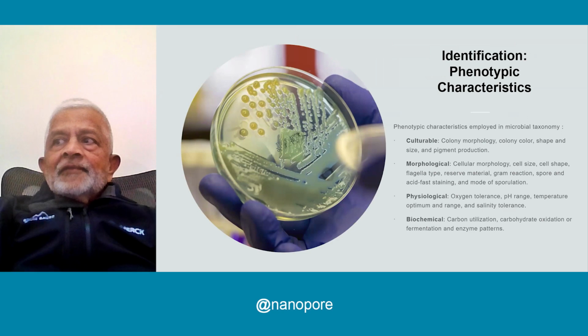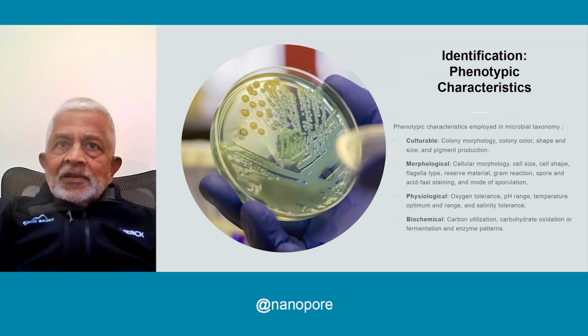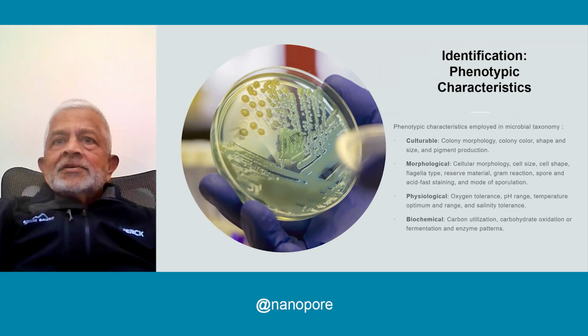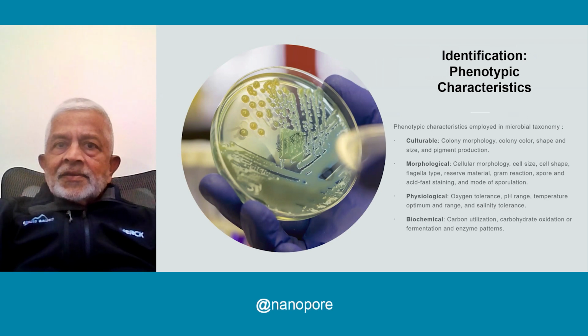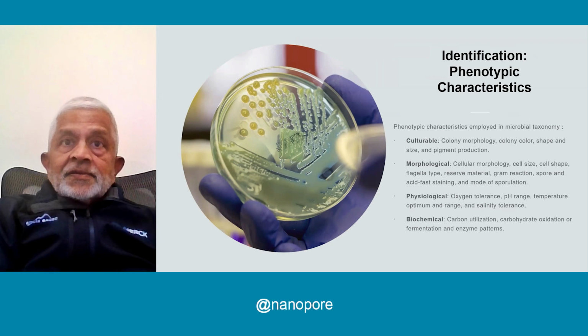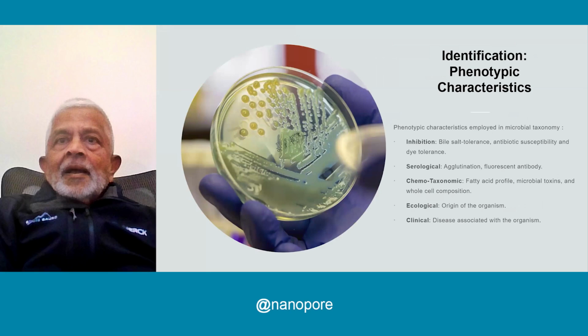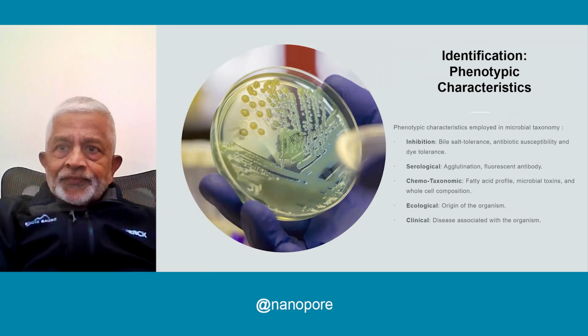Let's very briefly look at characteristics of available technologies. Phenotypic methods, as the name indicates, look at phenotypic characteristics such as culture, morphology, physiological properties, biochemical properties, and ability to grow on specific types of media.